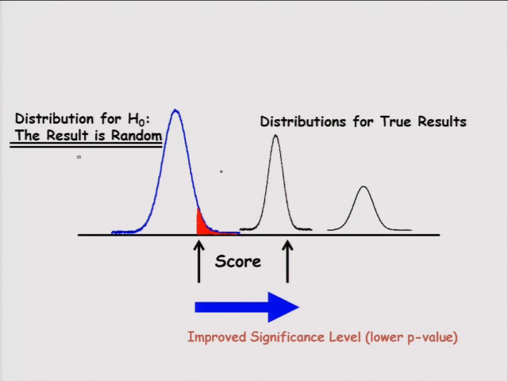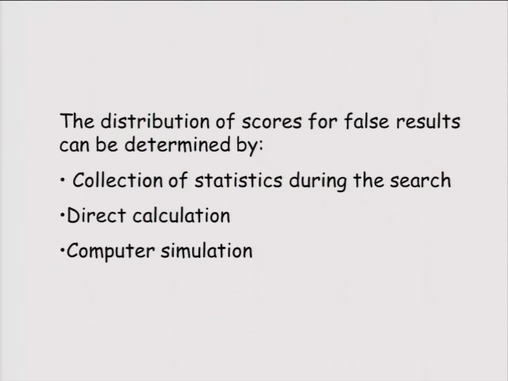they often overlap. So the distribution of scores for false results can be determined by different methods. One can collect statistics during each search. That's a method which is used in the X-tandem algorithm, and I will not talk about that today. One can use direct calculation, as we do in the Probity algorithm, which I will talk about later.